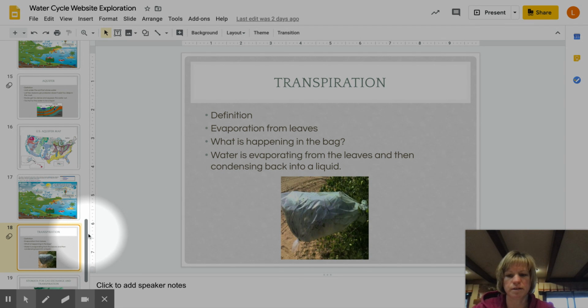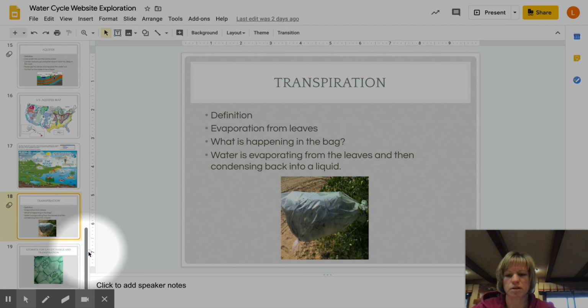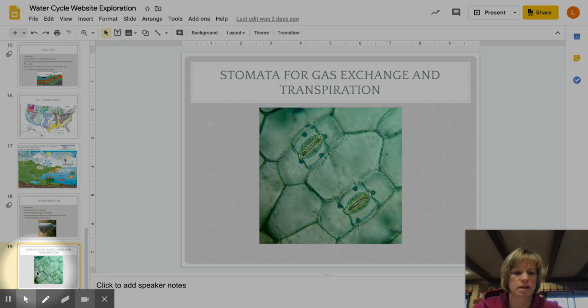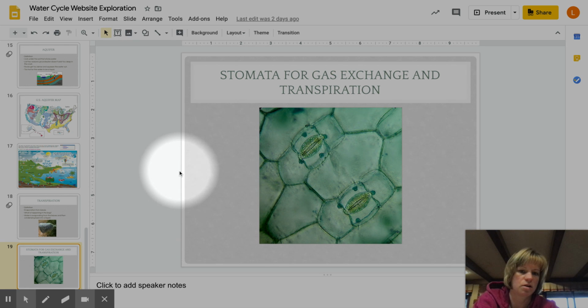Now, just a little extra, something that you might be curious about. So this is a picture of the underside of a leaf. And so it's not like we could look at the underside of a leaf and see this. This is a microscope view. So you'll notice these little holes here. Those are actually called stomata, and the cells on either side are called guard cells.